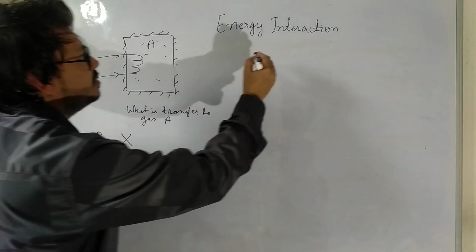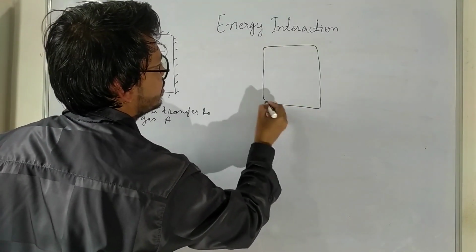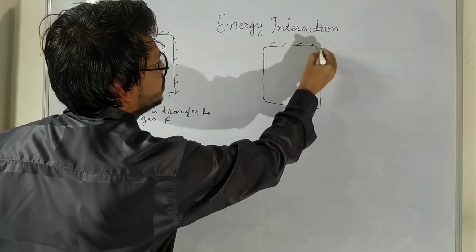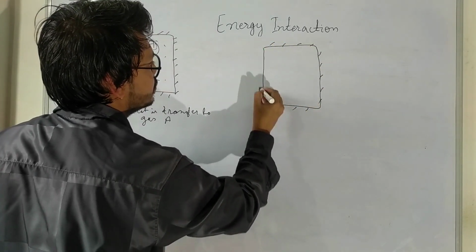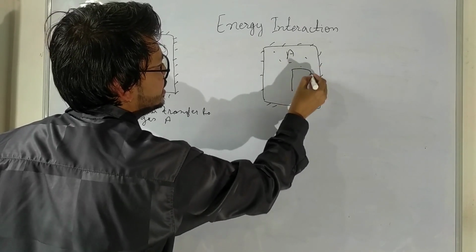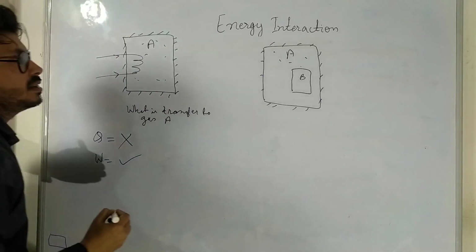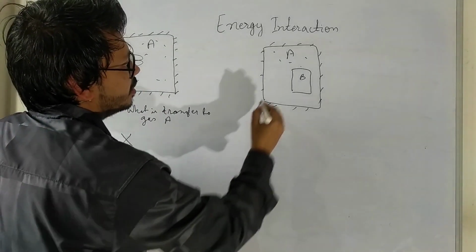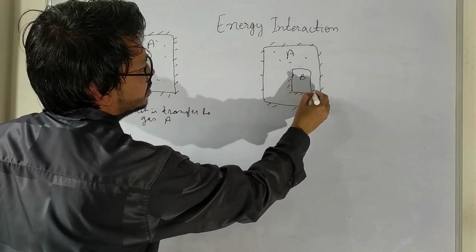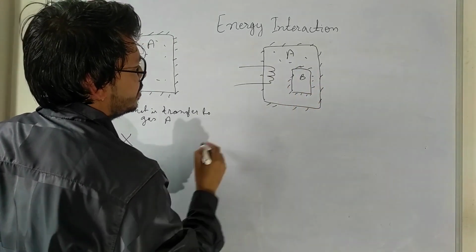In the same example, we will change a little bit. Let us now consider this insulated system in which gas A is there, and inside it there is another beaker in which gas B is there. Now it is insulated. Again this is the electrical heater.